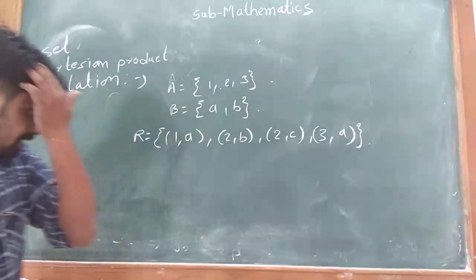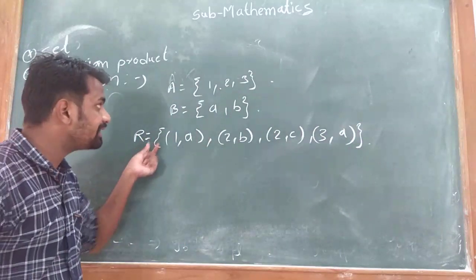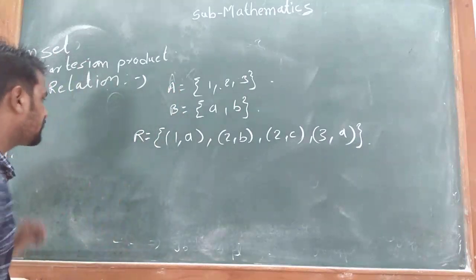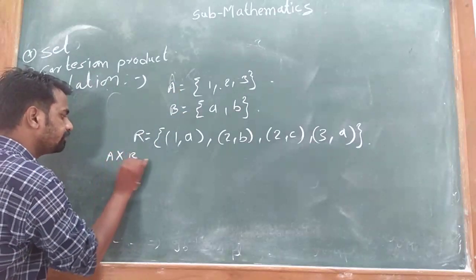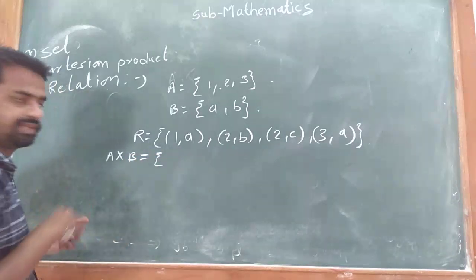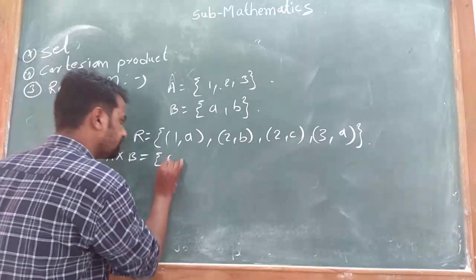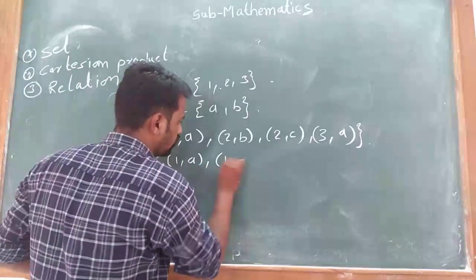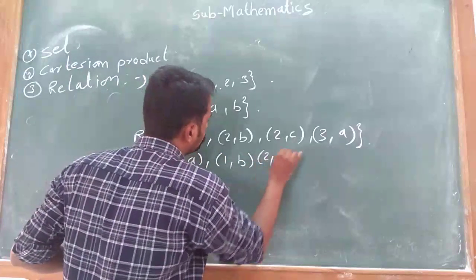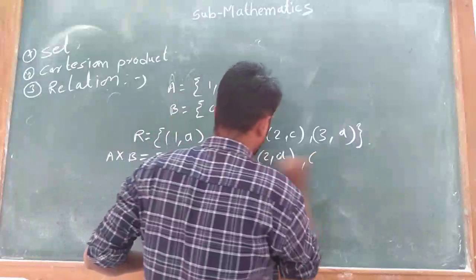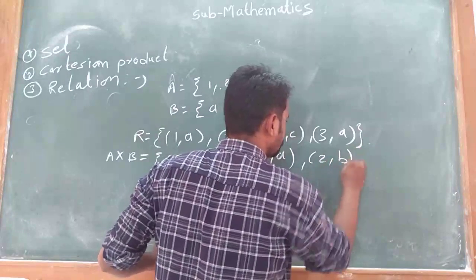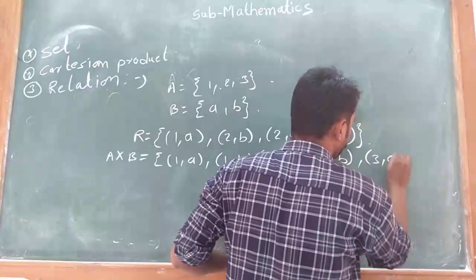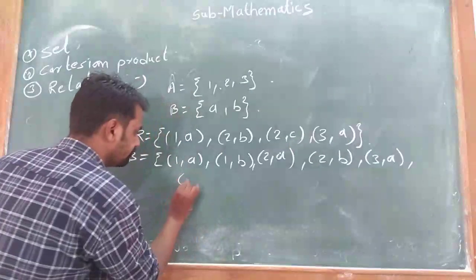Then here we see that R is a subset of A cross B, because A cross B is equal to {(1,a), (1,b), (2,a), (2,b), (3,a), (3,b)}.